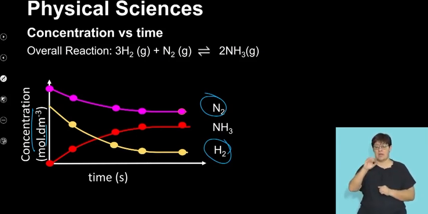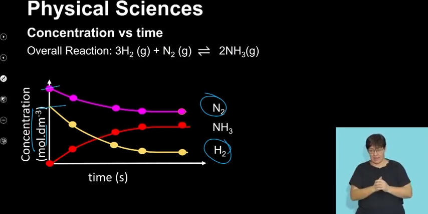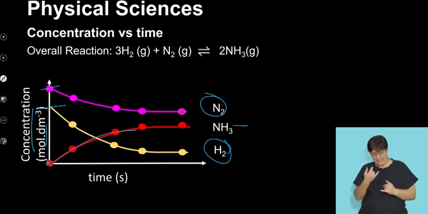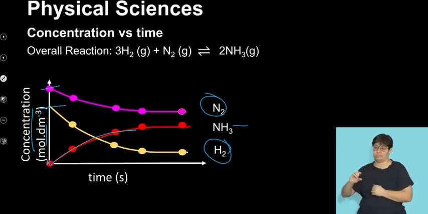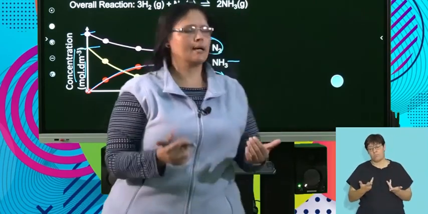So the concentration shows us that we start with high concentrations of nitrogen and hydrogen, and they will decrease over time, but we start with no concentration for ammonia at the beginning, and that will increase over time. When you get a graph, you must make sure: is it a rate graph or is it a concentration graph?